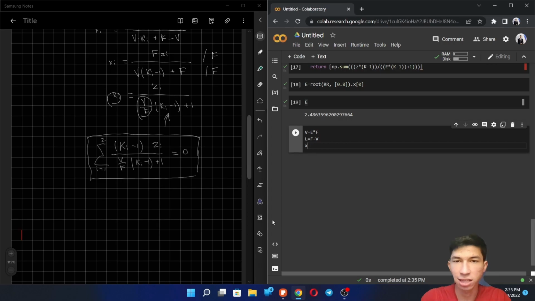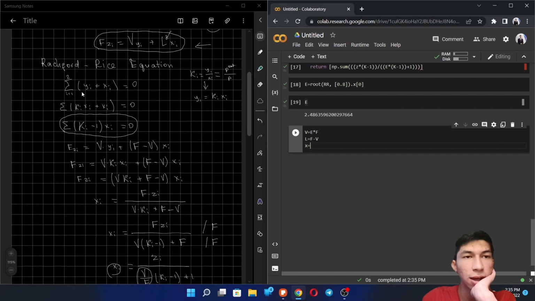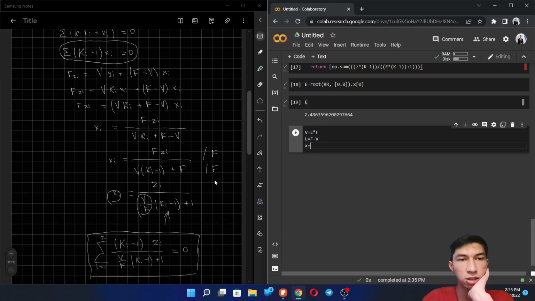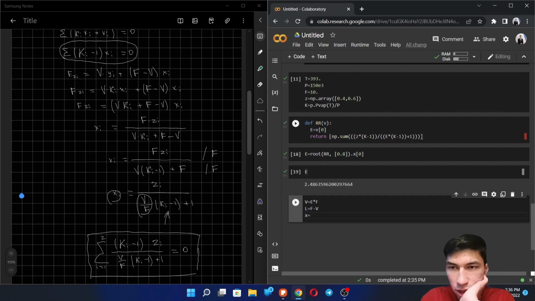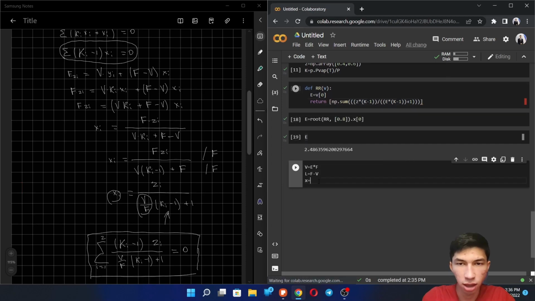For our x values, using Raoult's law we derived this equation right here, so I'm just going to copy it from this equation. We don't have the K minus 1 term inside, so I'm going to delete it.